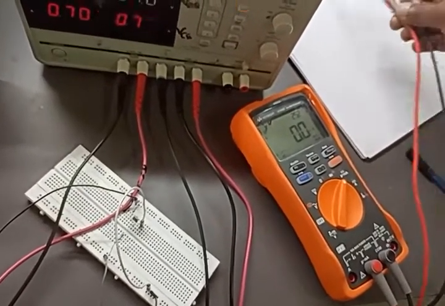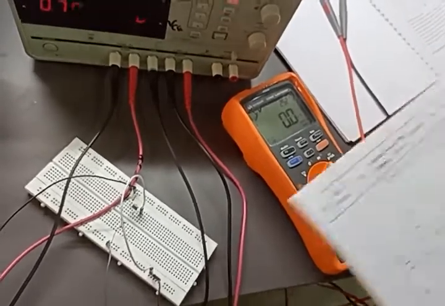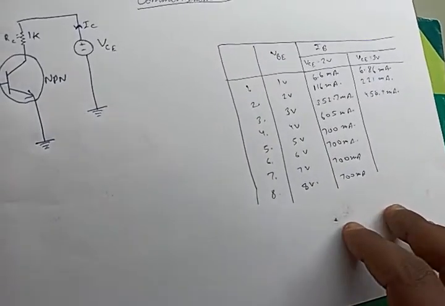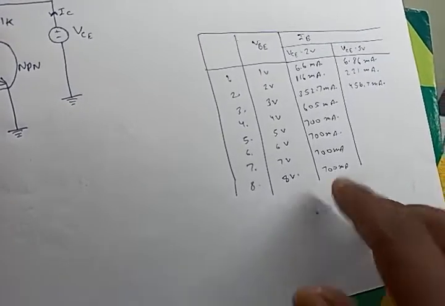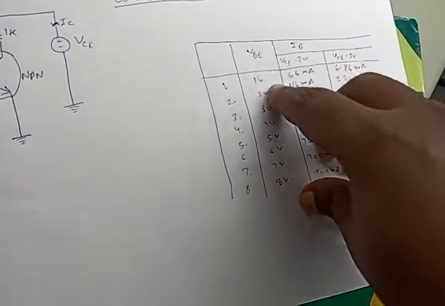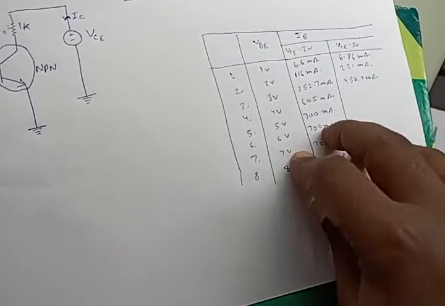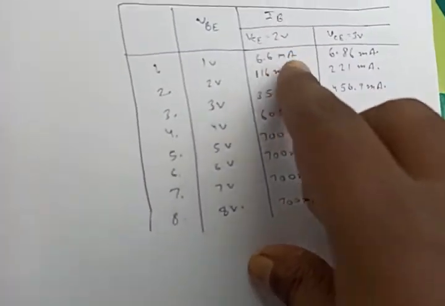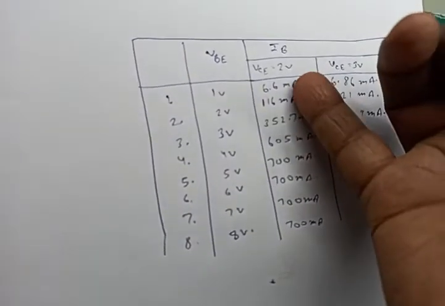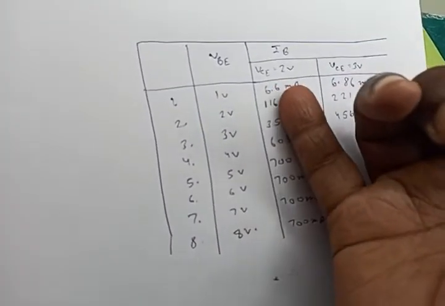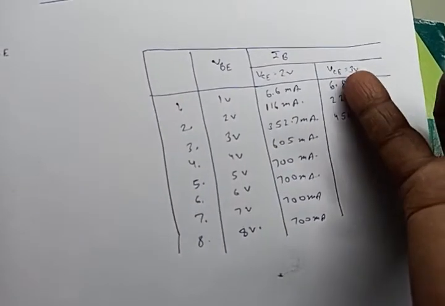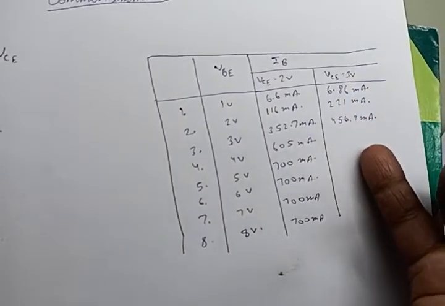So in this way you can note down the readings of IB at different voltages of VBE at some constant voltage of VCE. These are the IB readings at VCE equal to 2 volts, and here is VCE equal to 3 volts, and these are the IB readings.